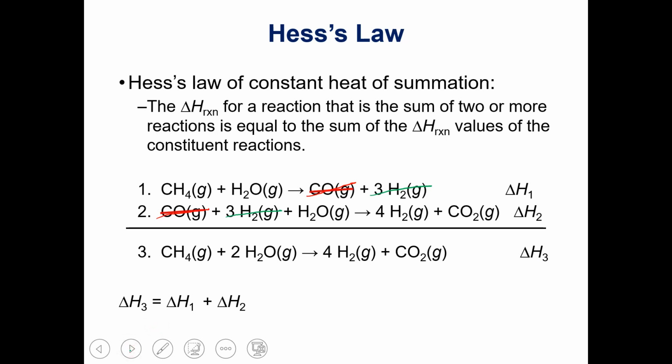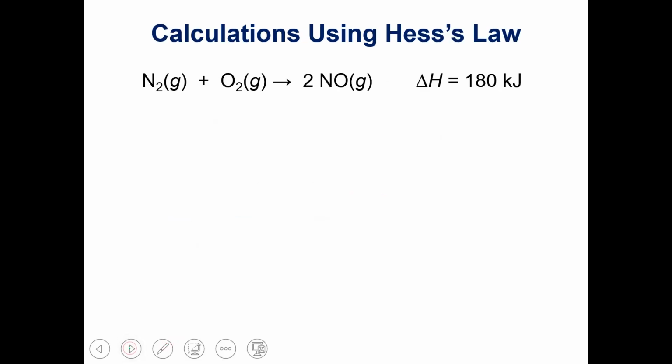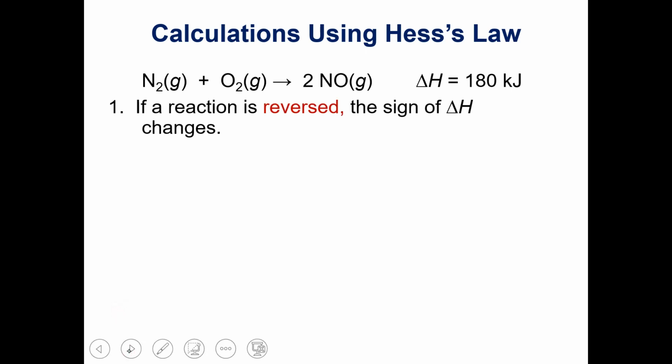So let's look at a couple more things we have to take into account. What if we have a reaction, but in the reaction that we're trying to get, something is on the opposite side?